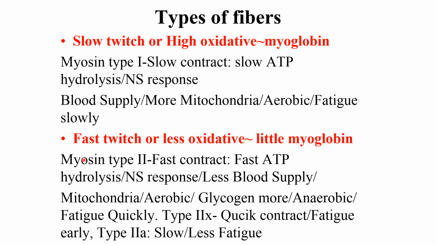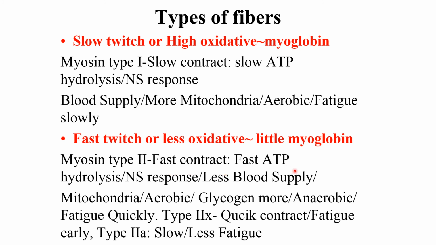And then there are muscle fibers that are called fast, which are less oxidative. They have less myoglobin, and they have myosin type 2 that contracts fast. It hydrolyzes ATP fast, and they respond to the nervous system very fast.